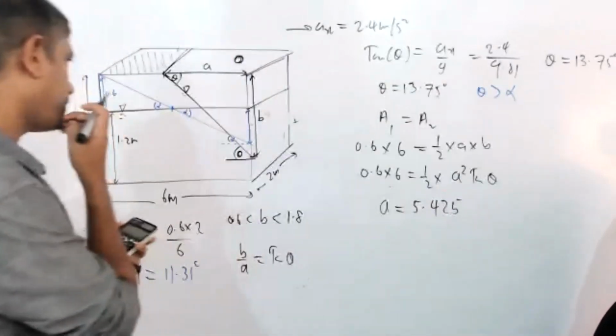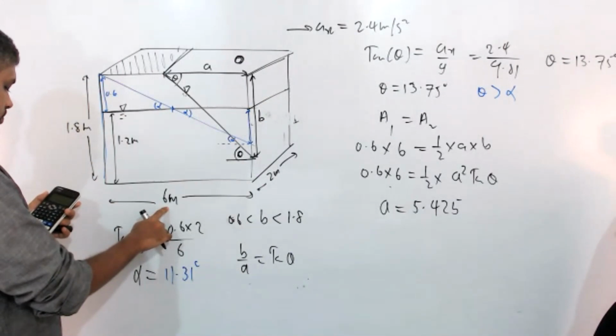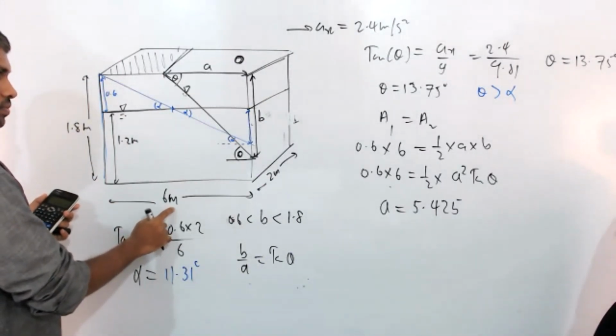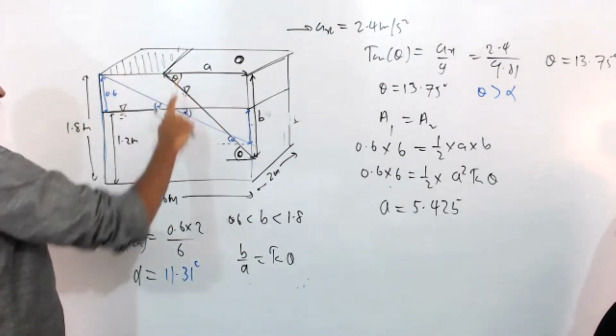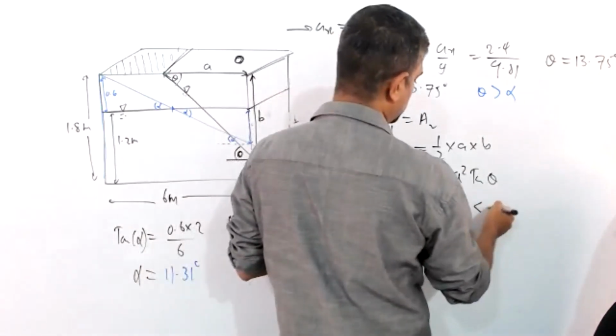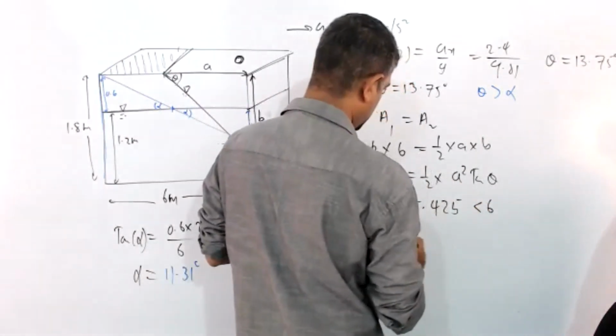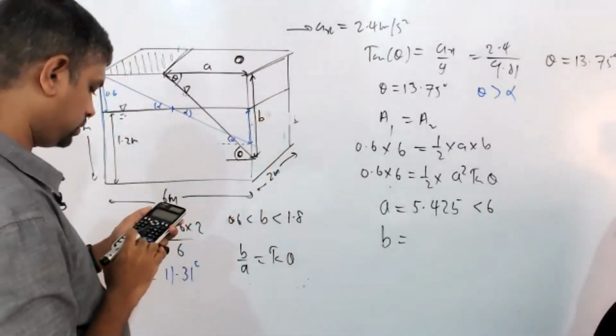A is 5 point something. It should be less than 6, no? Okay. What about B? B comes from the same tan value.